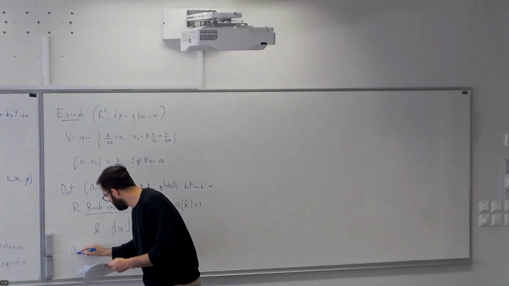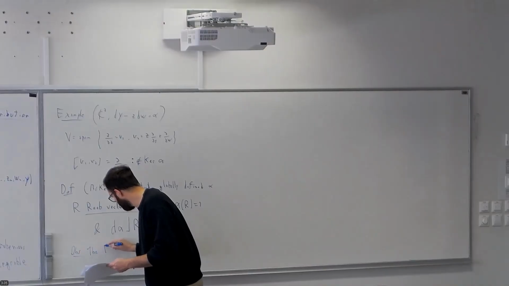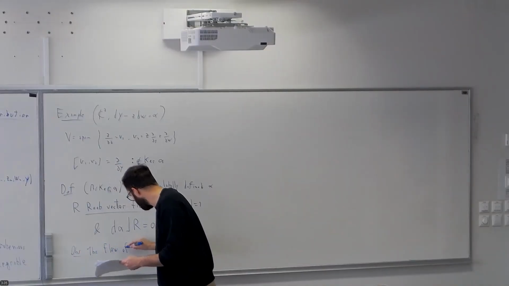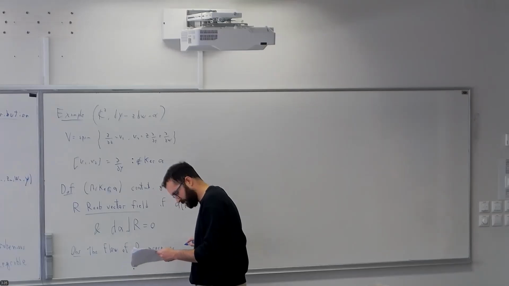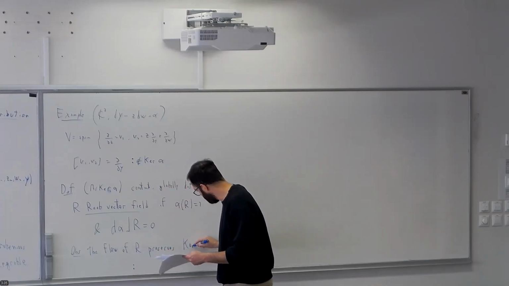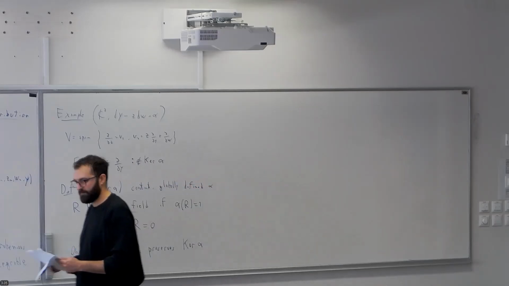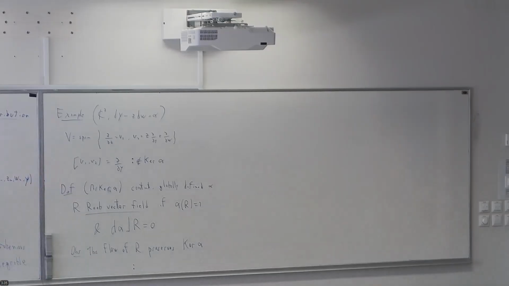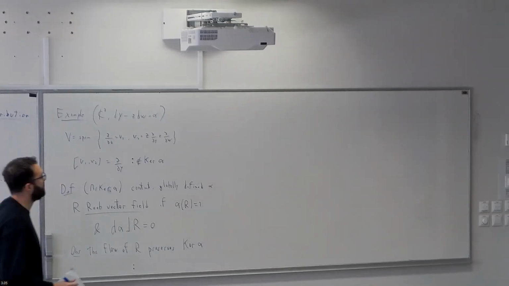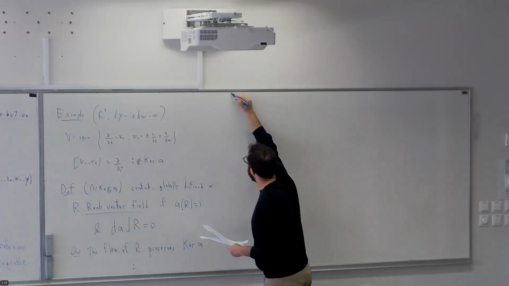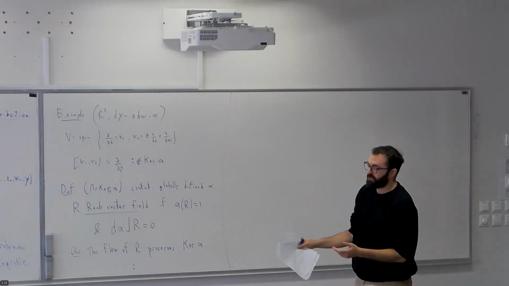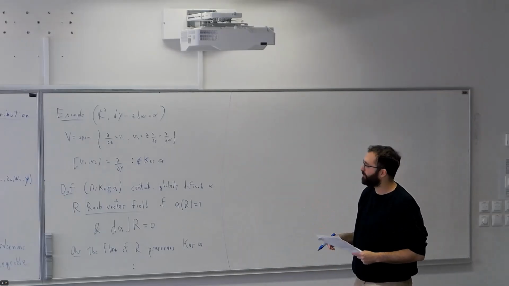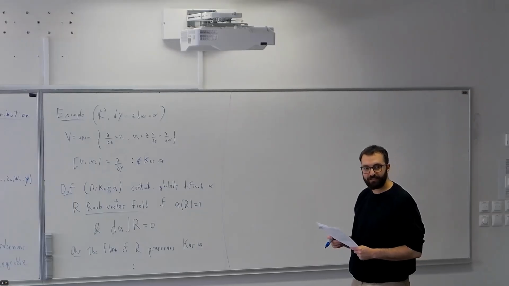So yeah, observation: the flow of R preserves the contact structure. And this will be very important later because I will be considering automorphisms. And of course, flows are very useful for automorphisms. So that was more or less a brief introduction of what a contact manifold is.